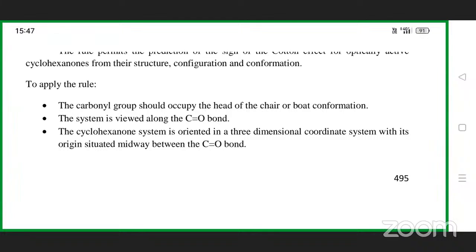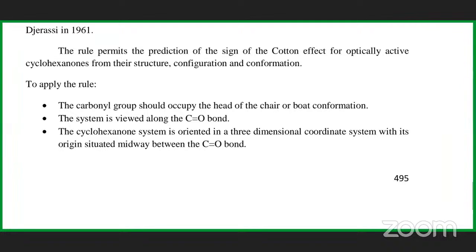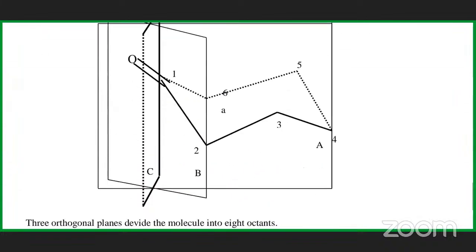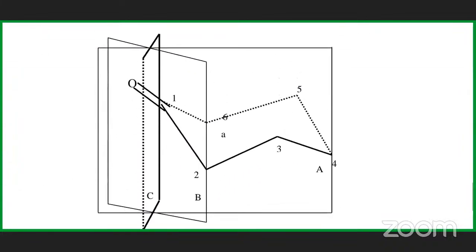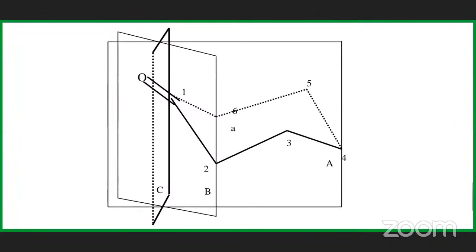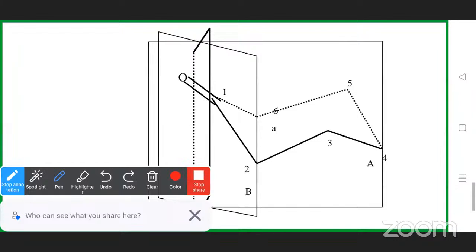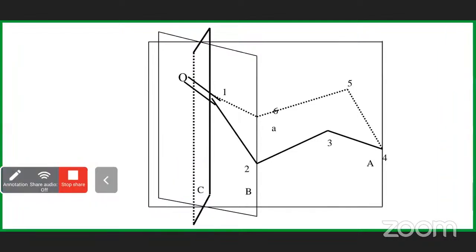The system is viewed along the CO carbonyl bond, and the cyclohexanone system is oriented in a three-dimensional coordinate system with its origin situated midway along the CO bond. Here is the picture diagram. You can see the bisect of your cyclohexanone, and three planes are passing through it.